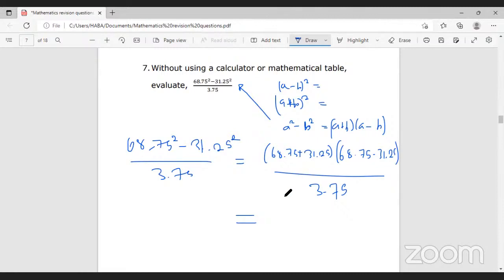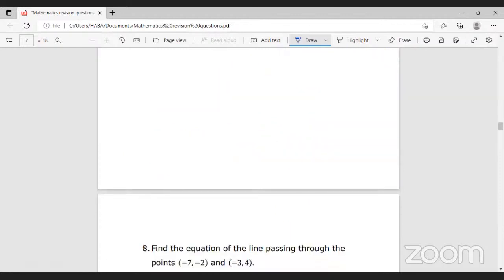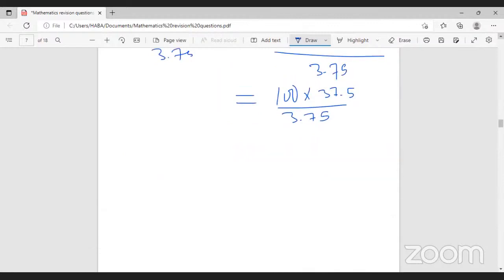The first one is 100, multiplied by 37.5, now this second bracket, yes, it is 37.5. Then divided by 3.75. So what is 37.5 times 100?